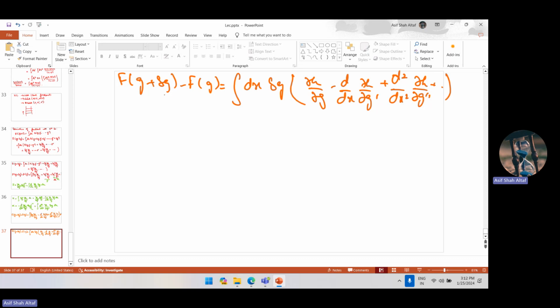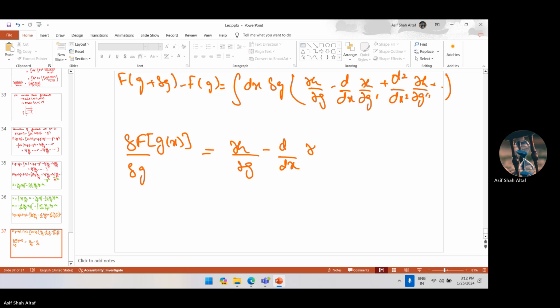So for the n terms, the functional derivative can be written, in compact form, as the sum over i equal to 0 to n.